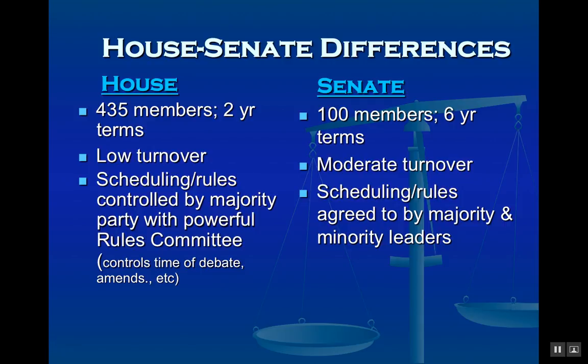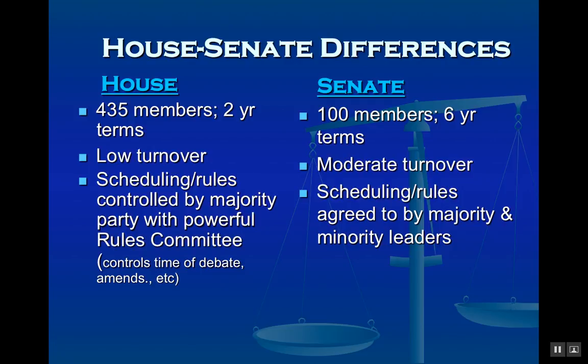Also in the House, the scheduling and the rules and all of this stuff that they decide on to help make things operate are pretty much decided by a powerful rules committee. So there's a committee in the House that decides all of these things, regardless of party. The amount of time for debates, amendments, all of the rules are determined by a committee.